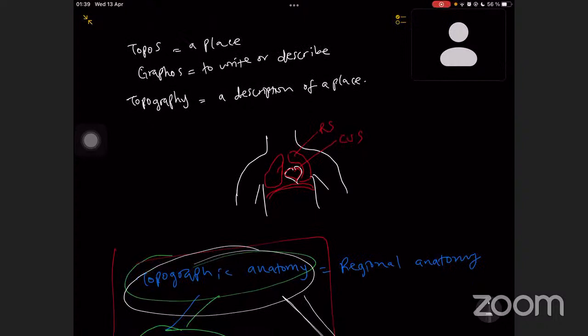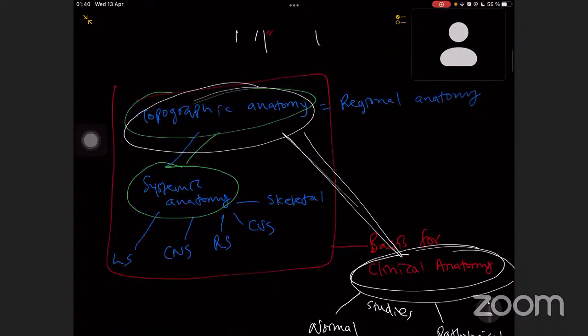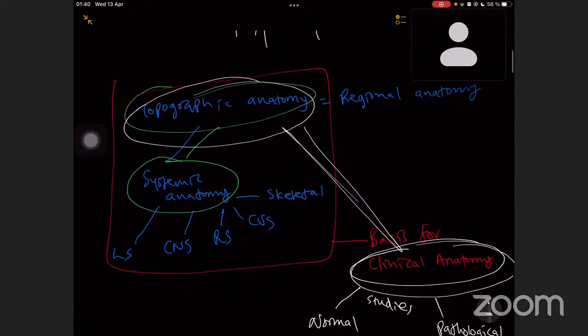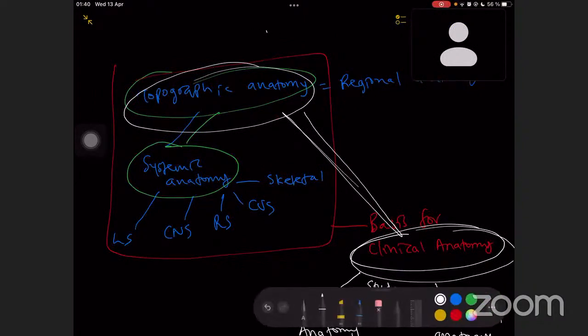So we study different regions, for example, the thoracic region or the abdominal region, looking at different structures. Topographic anatomy is based on systemic anatomy.